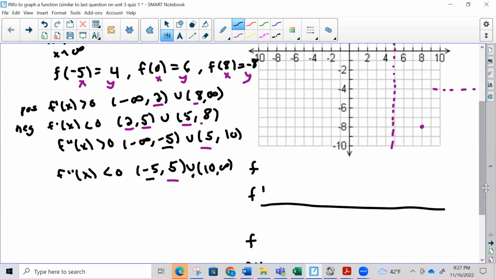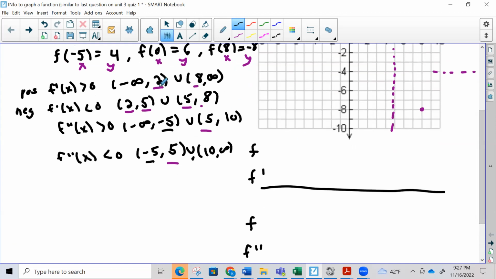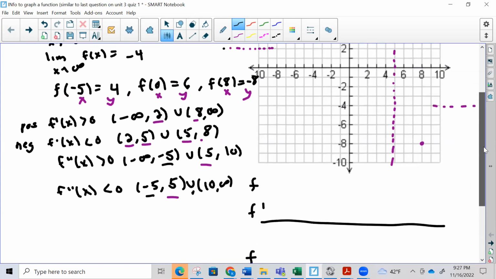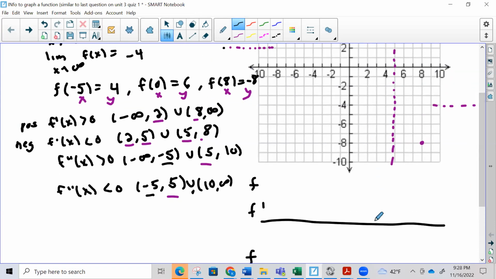So what that means is I want to put the x values of 2, 5, and 8 on this number line, and I'm going to have it match up with my graph to help. So I have 2, 5, which is where that vertical asymptote is, and 8. Just keep in mind that this is where the vertical asymptote is.